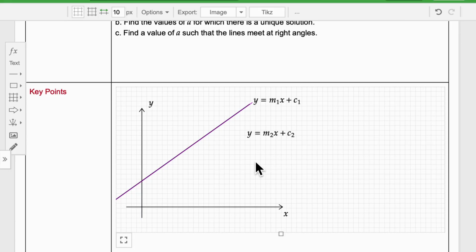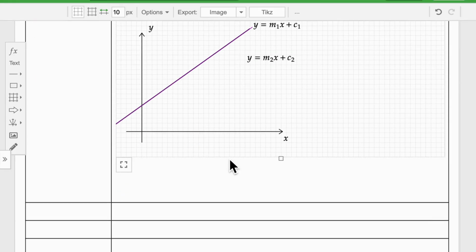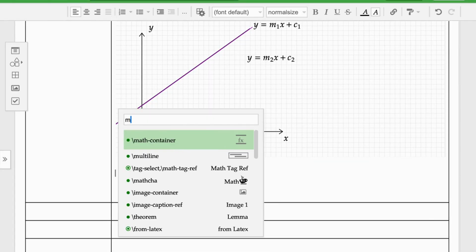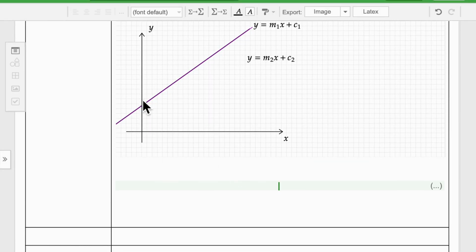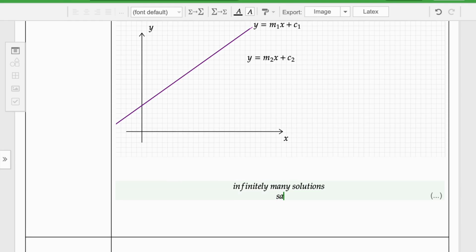It is when they have the same gradient and also the same y-intercept. Once again, infinitely many solutions means that the two lines will have the same gradient and at the same time the same y-intercept. Is it understandable? So this is the key point.